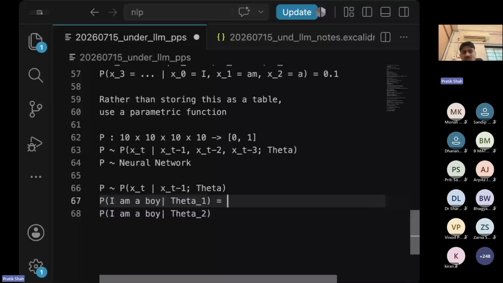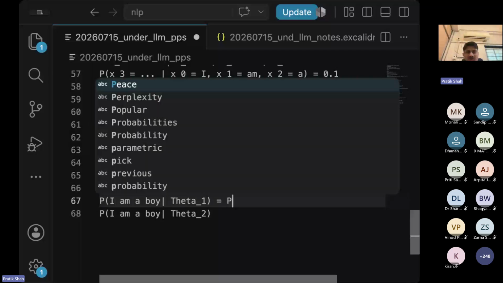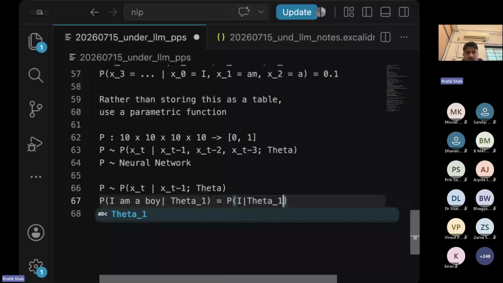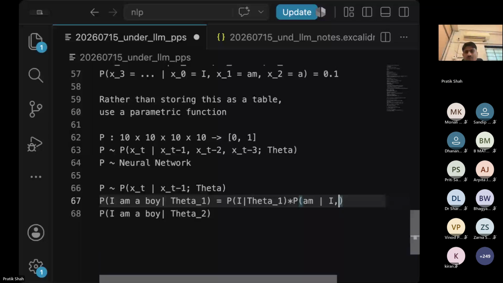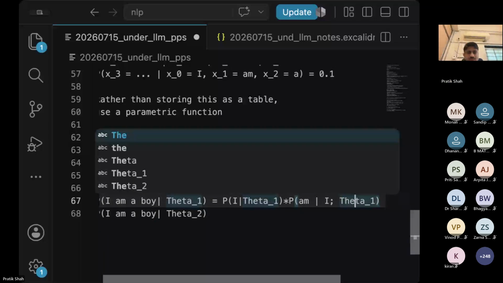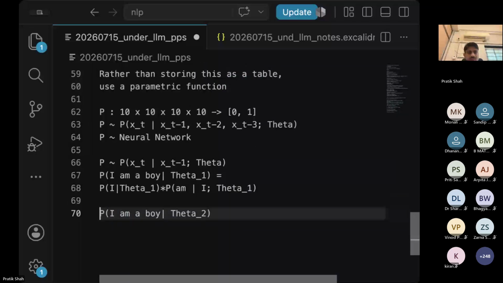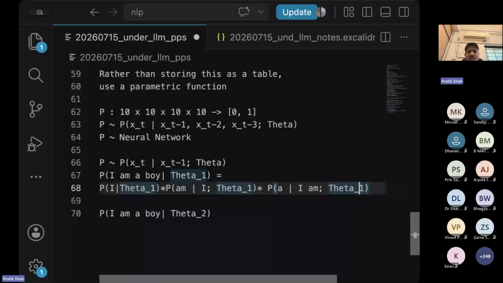I have transition probabilities with me. So I would first check probability of I given theta 1, multiplied by probability of m given I and theta 1, multiplied by probability of im, a, and then finally multiplied by boy. यहीं तक कर लेते मल्टीप्लाई.